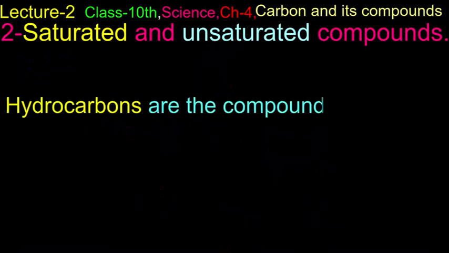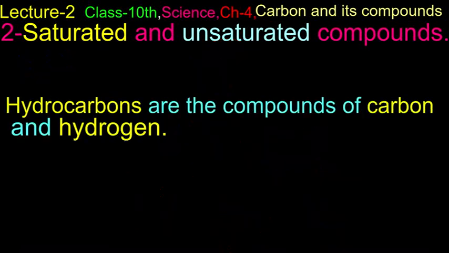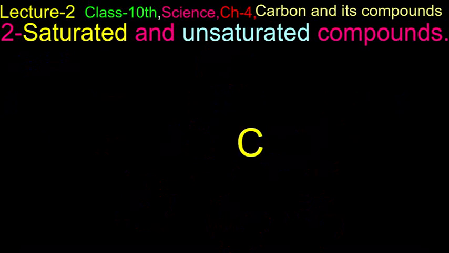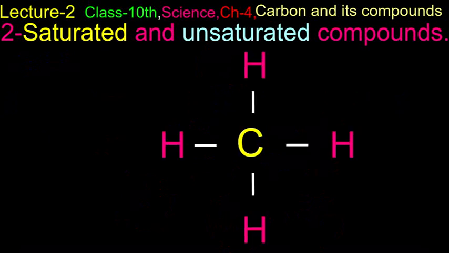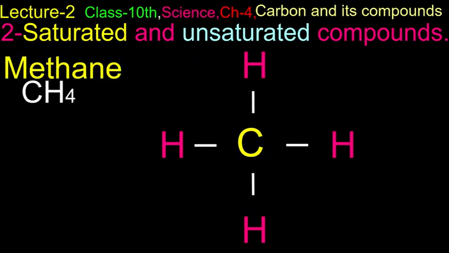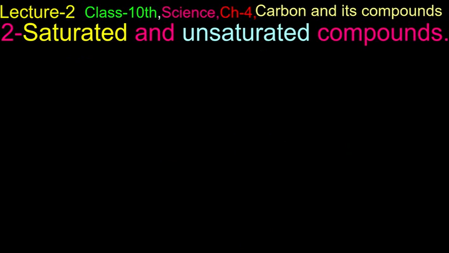Hydrocarbons are the compounds of carbon and hydrogen. If in a compound the number of carbon atom is 1 having 4 hydrogen in it, then it is methane. The formula is CH4 and the structure is, you can see here, carbon bonded with 4 hydrogen atoms. All are single bonds obviously. Next hydrocarbon is with 2 carbon atoms.